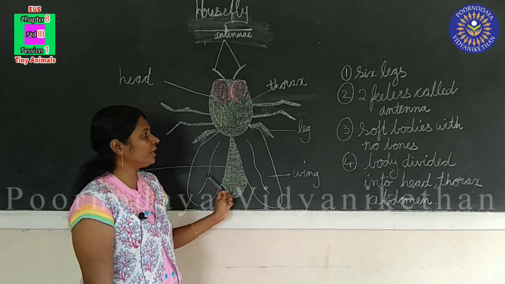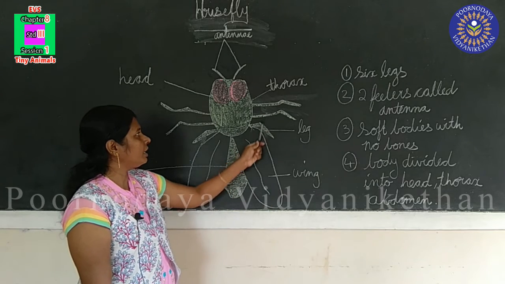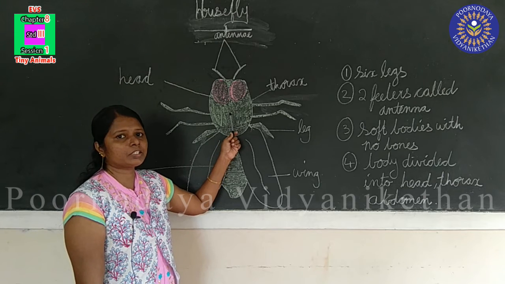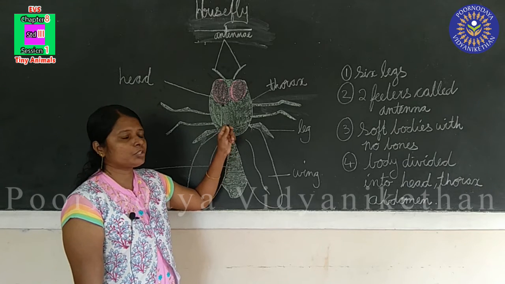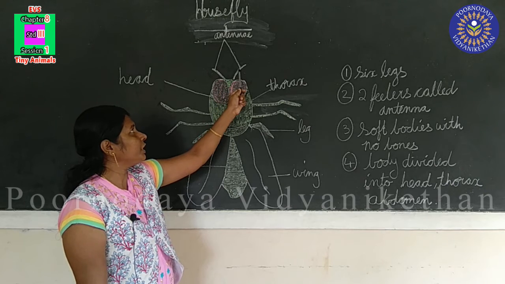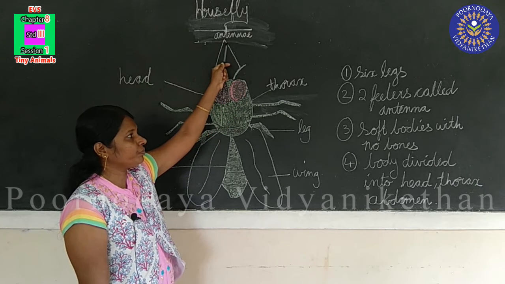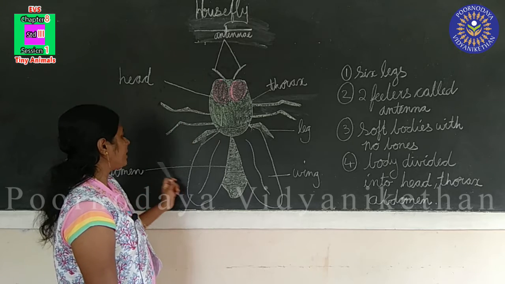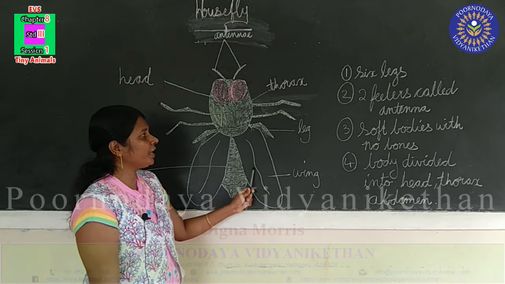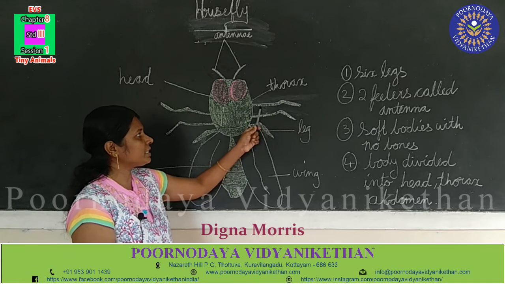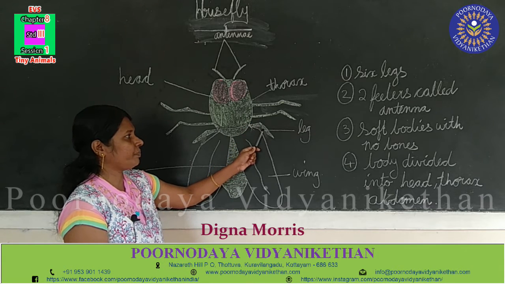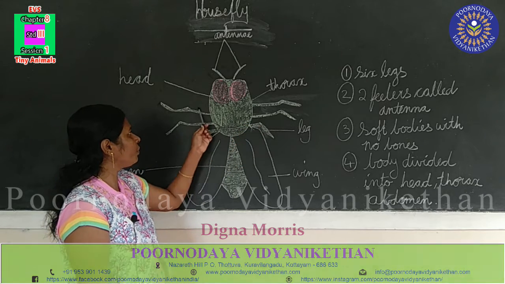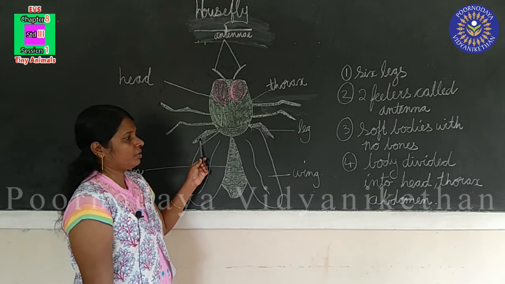These are legs. And this is thorax. So, 2 feelers called antenna, then head, then abdomen and 2 wings and legs. How many legs are there? 6 legs. Housefly has 6 legs. 1, 2, 3, 4, 5, 6.